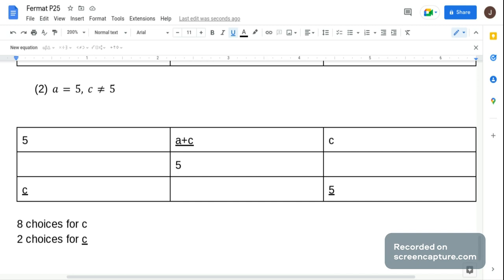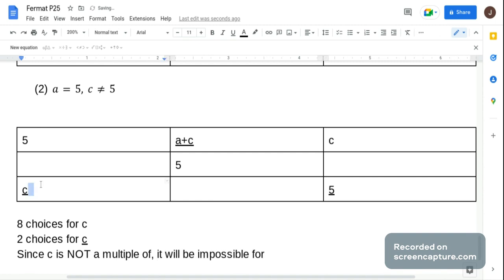And 2 choices. Since C is not a multiple of 5, it will be impossible for C to be a multiple of 5.